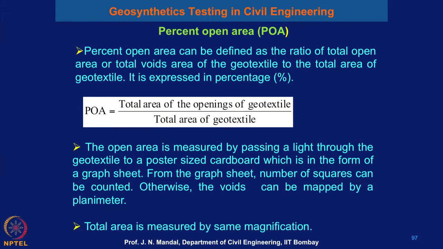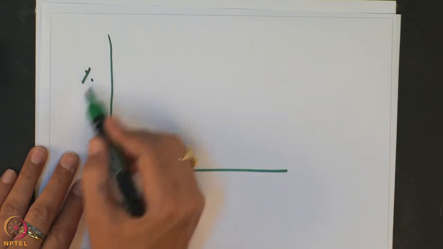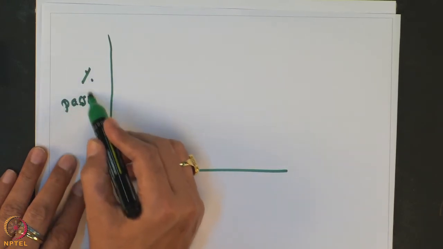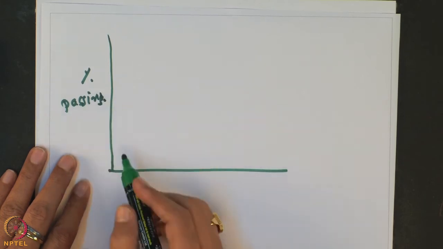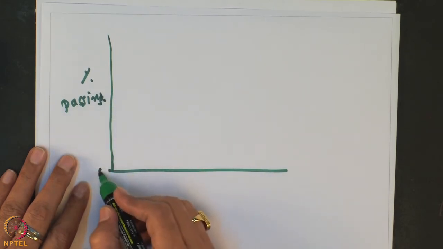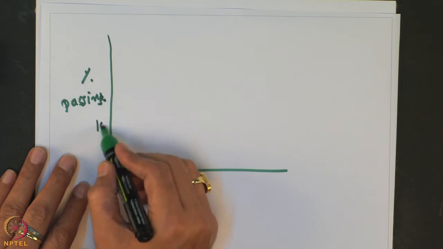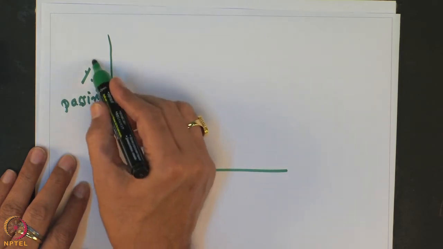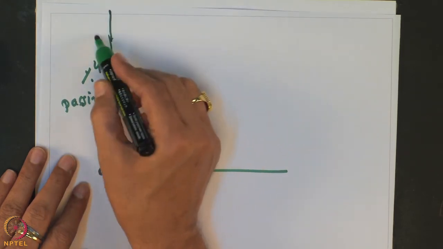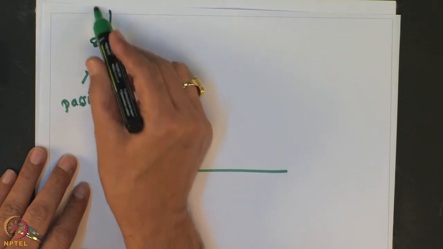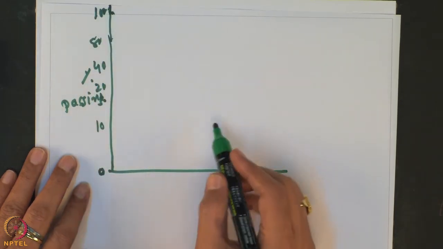For example, this is the percentage passing, as you know for a grain size distribution curve, and let us say this is 0, 10, 20, 40, 80, 100.